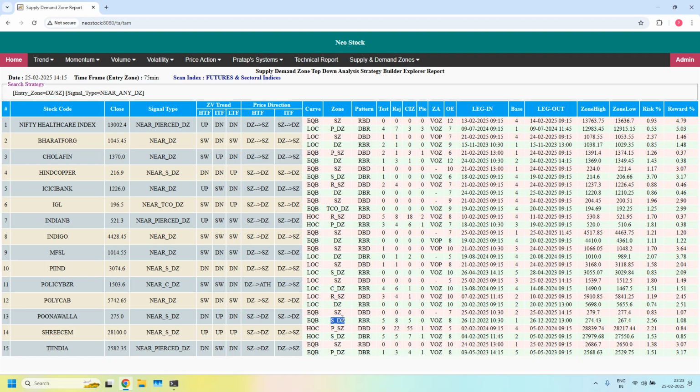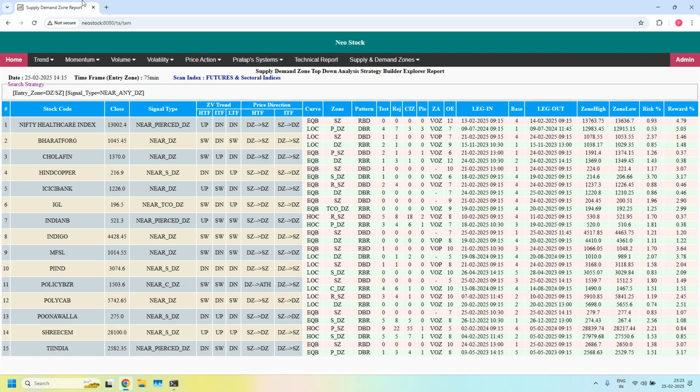Poonawalla is having a 75 minutes high liquidity demand zone. You can't use Sriram Cements, it is a pierced zone. So total we identified 4 high liquidity 75 minutes valid demand zones from this list.